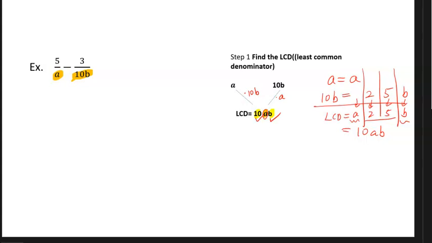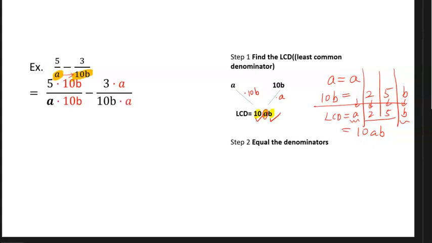Okay, so literally you just multiply whatever you are missing. Or you multiply by the other one. So you have A, I multiply by 10B. For the first one, also multiply the numerator by 10B. For the second one, I'm sorry, not by A, by the other one, and also multiply 3 by A.